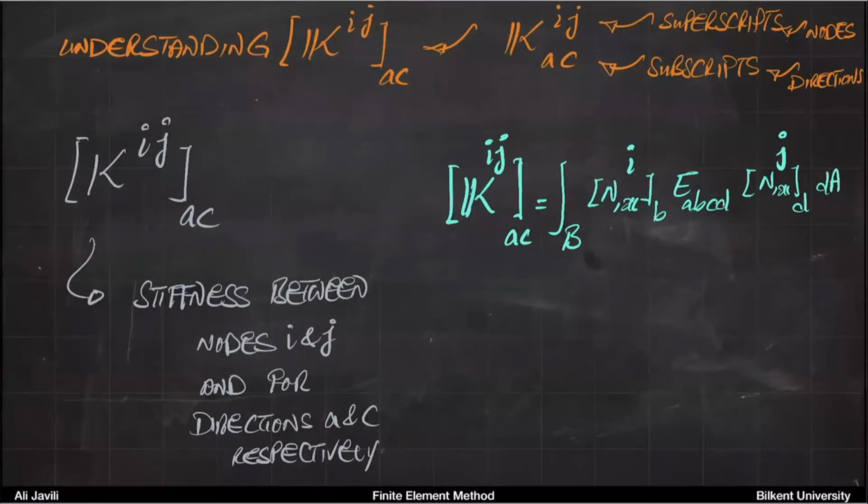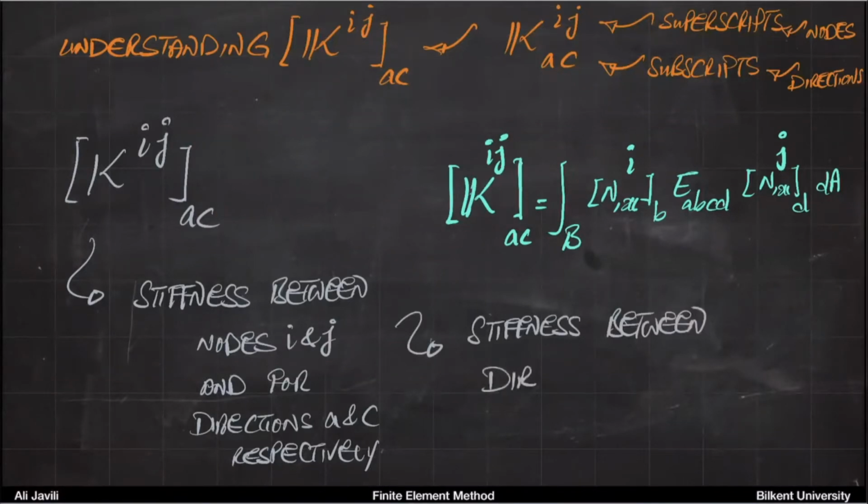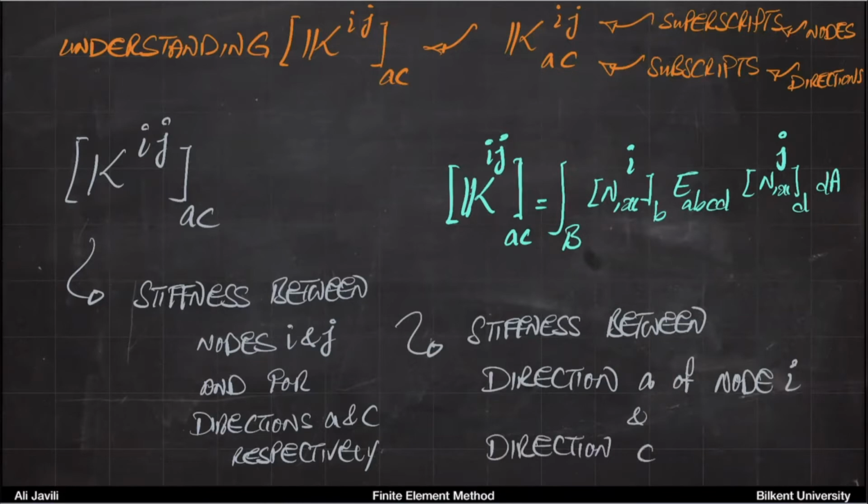So this is basically the stiffness between nodes I and J, or between direction A of node I and direction C of node J. Okay, so let's say it's a stiffness between direction A of node I and direction C of node J.